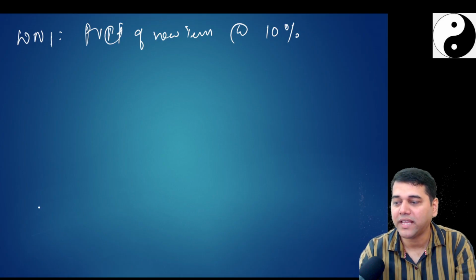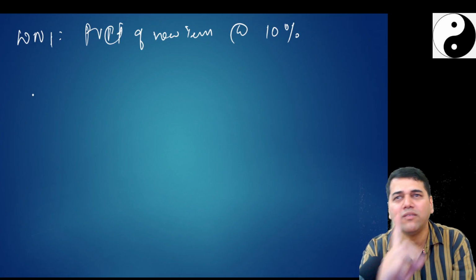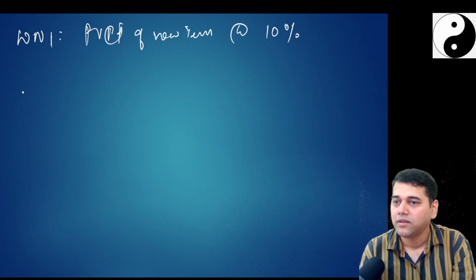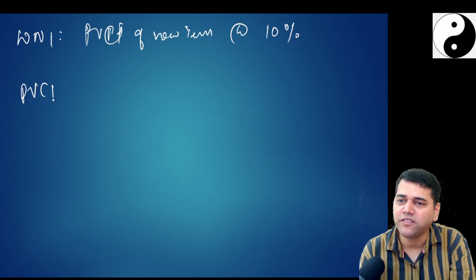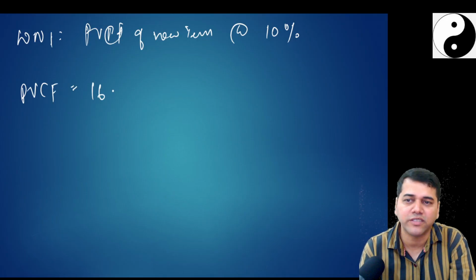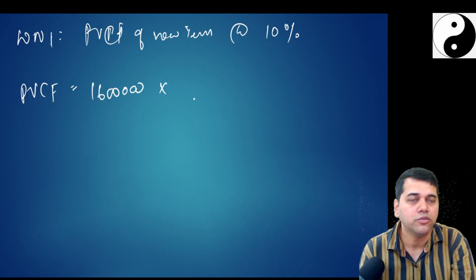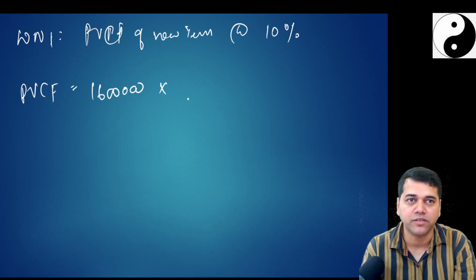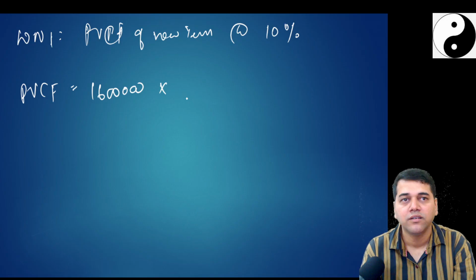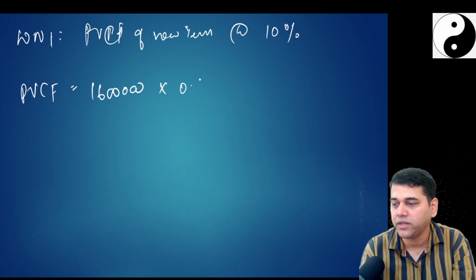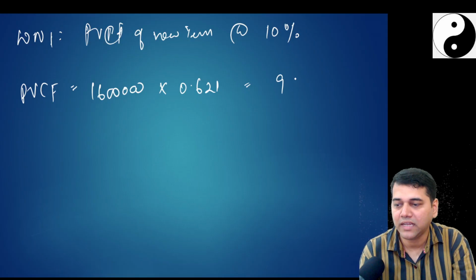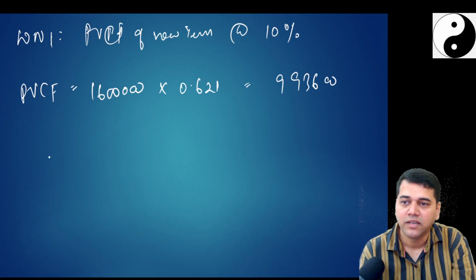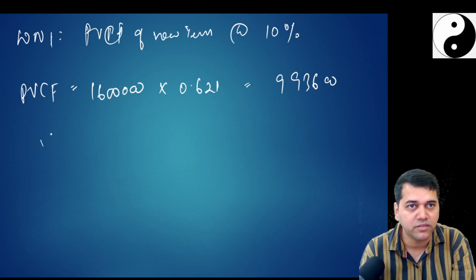Okay, so how many cash flows are there now? Only one cash flow. So you can write PVCF is equal to, what is that cash flow? 16 lakhs into, what is the rate of interest? 10%. For which year? Fifth year from now, 0.621, is equal to 9,93,600. Do you have any processing fees?